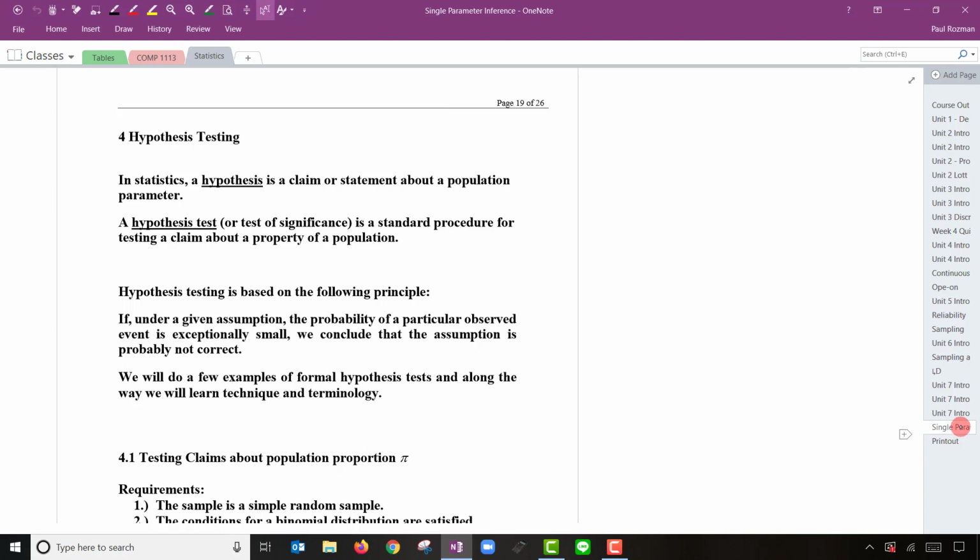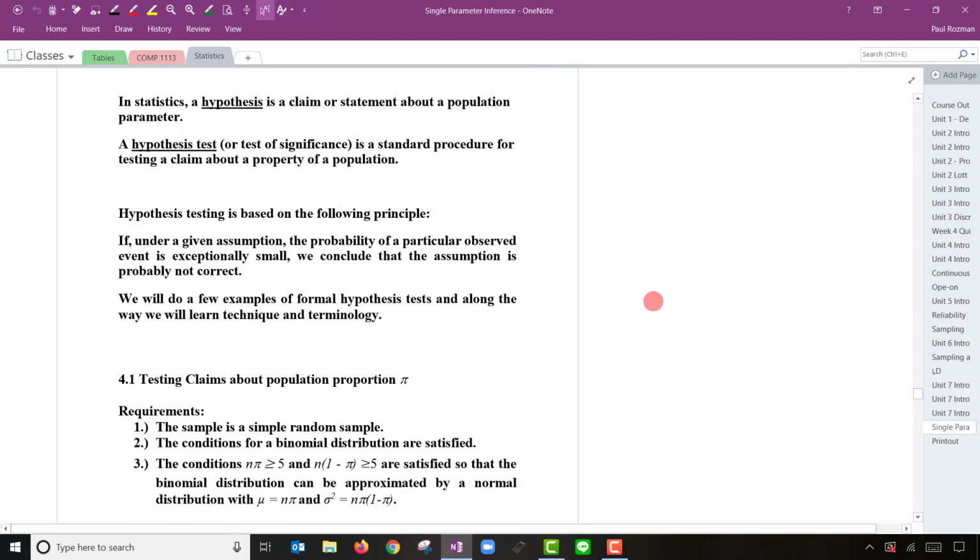There's a claim about a population parameter, we collect some data, and we see if our data is close enough that it may agree with what was being claimed, or different enough that we would maybe disagree with what's being claimed. The main principle behind hypothesis testing is given here.